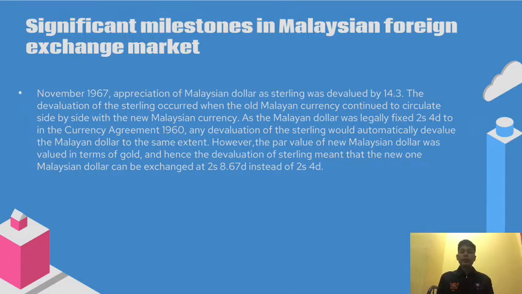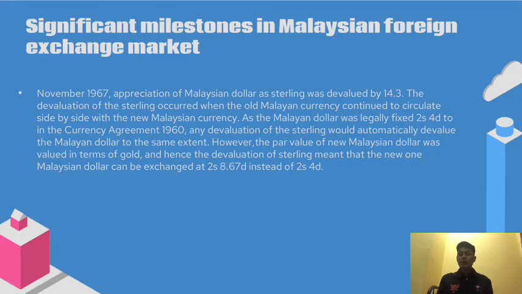In November 1967, there was appreciation of the Malaysian dollar as sterling was devalued by 14.3%. The devaluation of sterling occurred when the old Malayan currency continued to circulate side by side with the new Malaysian currency, as the Malayan dollar was legally fixed to 2s 4d in the currency agreement of 1960.